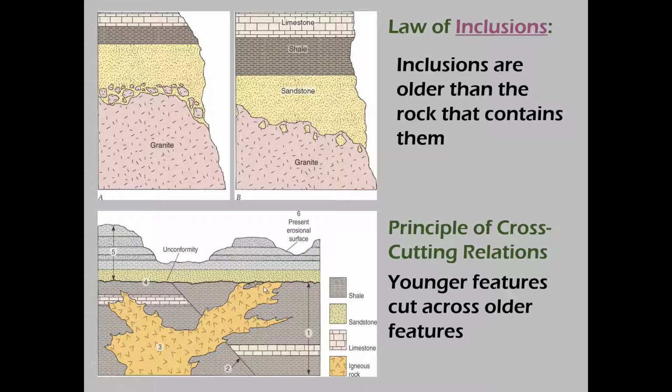So igneous intrusions come up from below, sometimes from the lower crust, and will melt their way through that material. But it can only melt its way through material that's already there. So the younger feature, once again, which is the igneous intrusion, cuts across the older feature, which is the pre-existing rock layers.